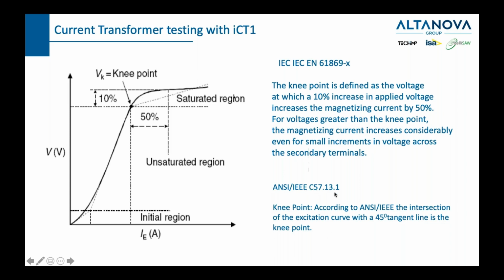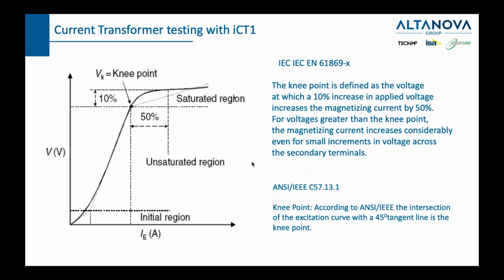IEEE C57.13.1 tells us that the knee point is the intersection of the excitation curve with the 45-degree tangent line. What they all want to say is that this tells us at which point the ratio between the primary and the secondary side stops being accurate.